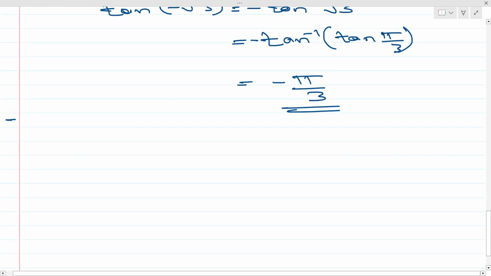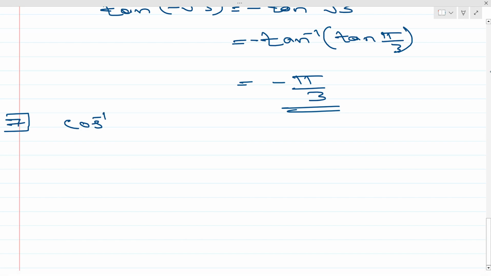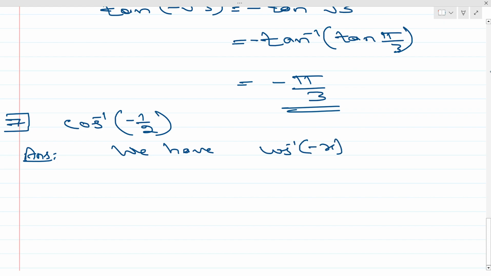Next question. Cos inverse minus 1 by 2. Answer, we have cos inverse minus x as pi minus cos inverse x.